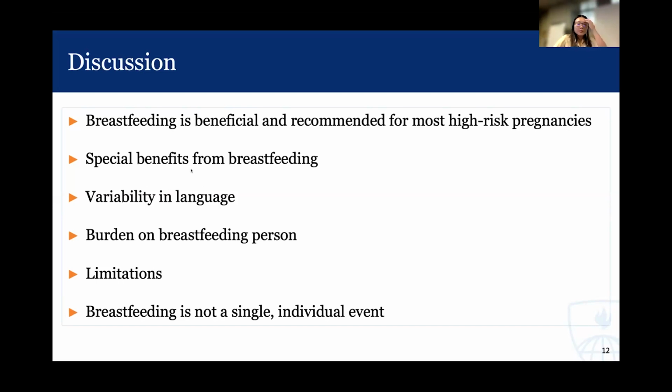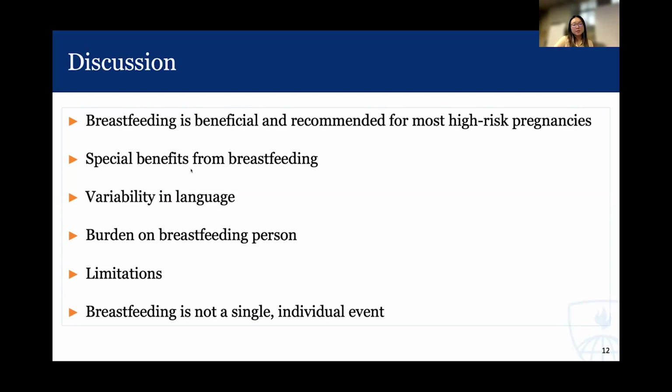When looking at the language, something that I saw was that the language varied across the different records, and it can be apparent why guidelines and recommendations about breastfeeding may not be clear to the clinician or the pregnant person. For example, stating that a medication is theoretically safe may not increase confidence in decision-making in comparison to a phrase like breastfeeding should be encouraged.